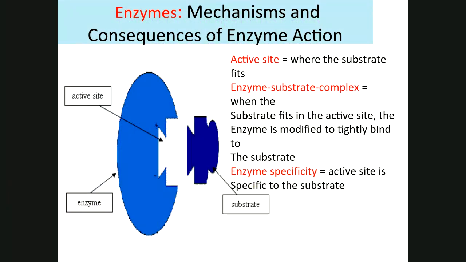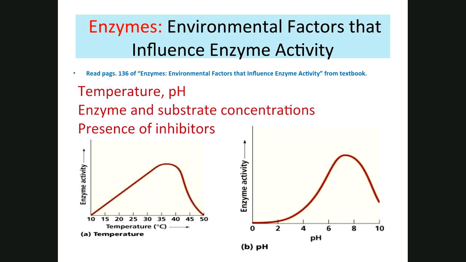So just as a review from last semester from 1406, the active site of the enzyme is the place where the substrate fits in, and it's been described as a lock and key mechanism where the active site is specific for the substrate. So we'll have an enzyme substrate complex once the substrate fits inside the active site. Enzymes are made of proteins.